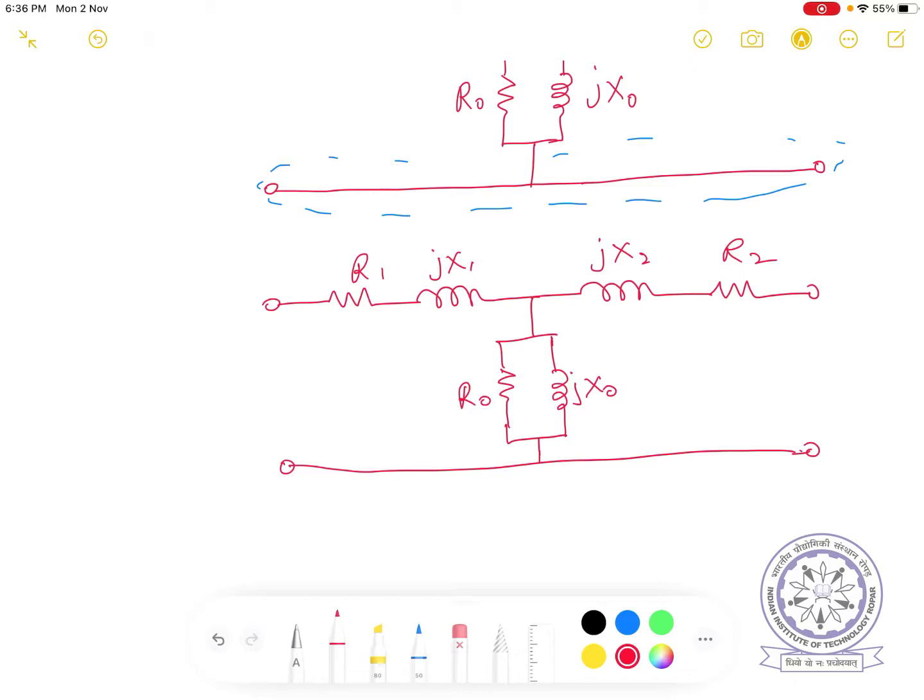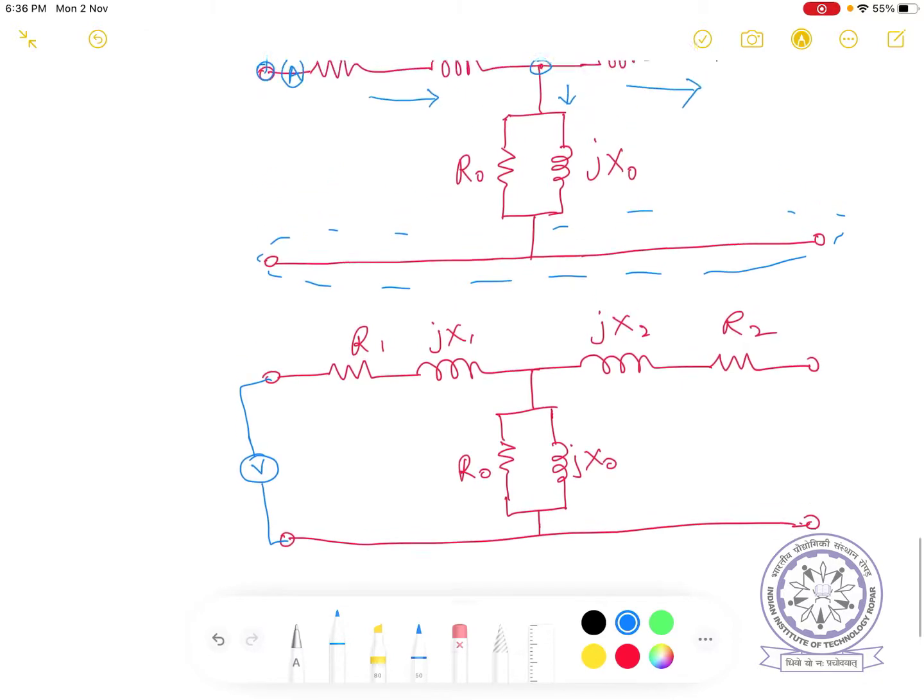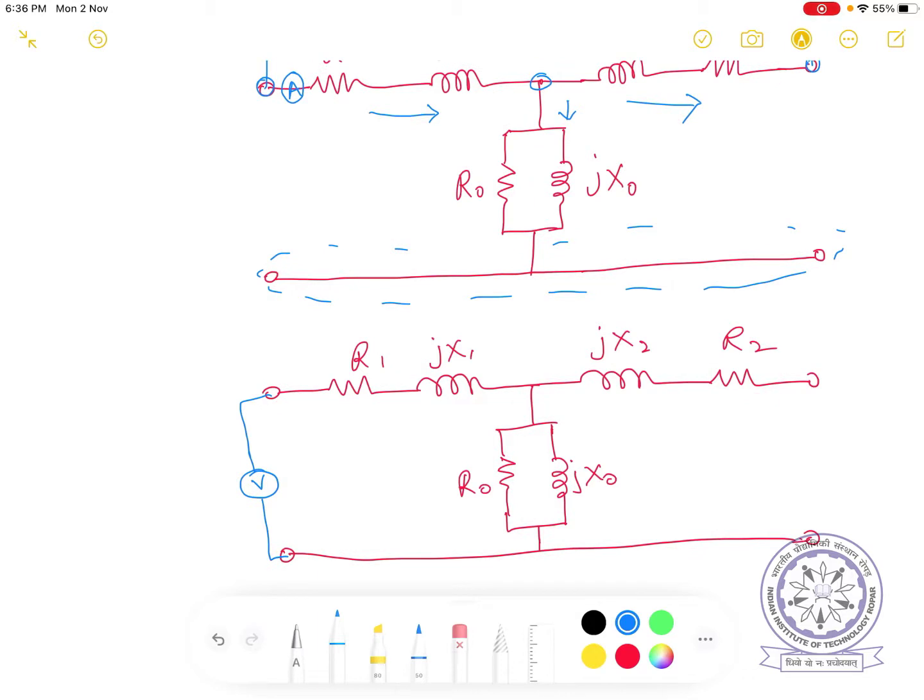Now suppose I connect a voltage source like this, V. Now I need the impedance of only one of the branches, because the combined impedance is known.